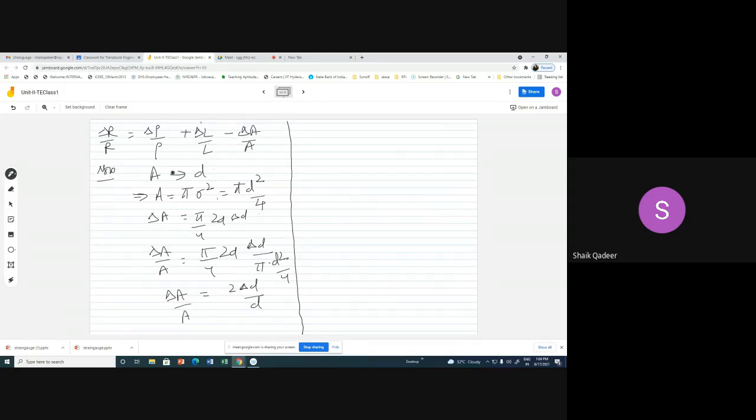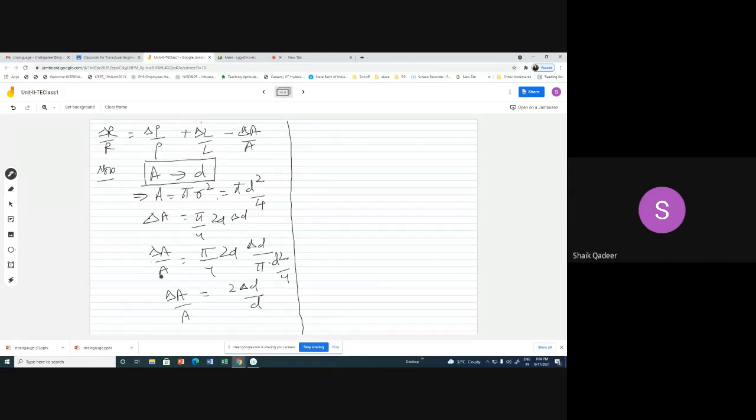Now convert area into diameter. In order to do this, first consider the area of the workpiece, pi r square. In terms of diameter, we can write pi d square by 4. So if you differentiate, it becomes pi by 4 into 2d into delta d.